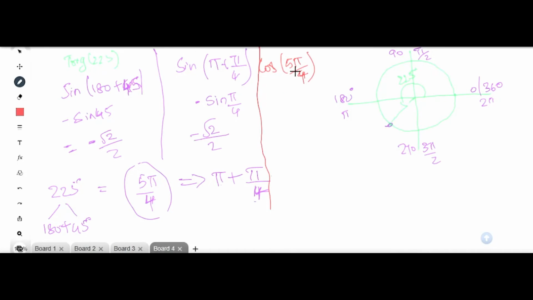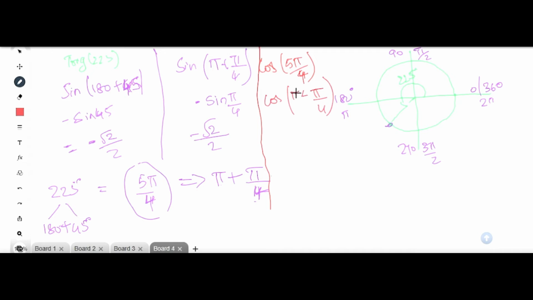So how do you do this? It would be cos of pi plus pi over 4.